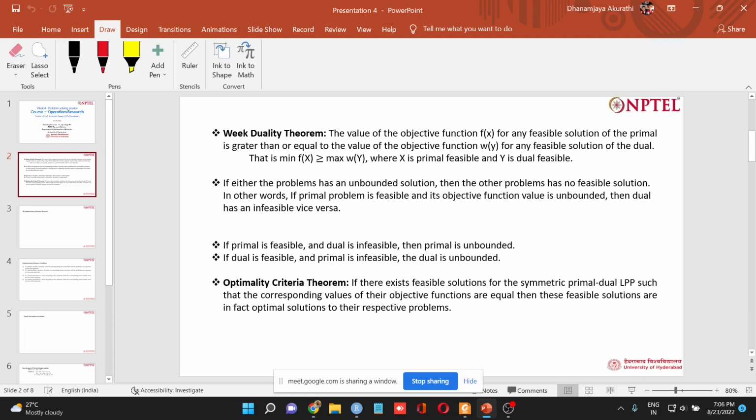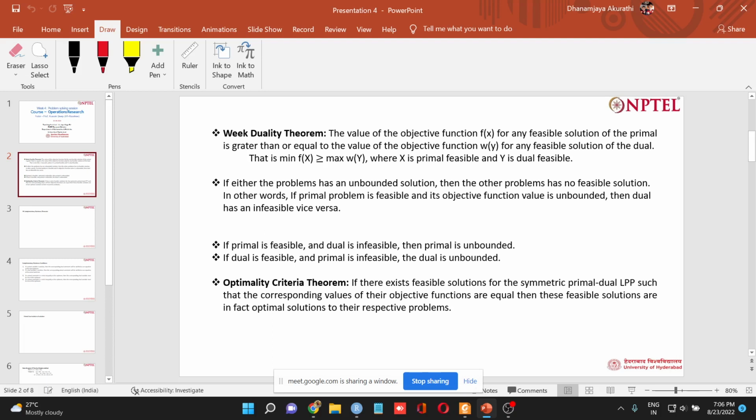What is meant by asymmetric? If either the primal or the dual problem involves a variable unrestricted in sign, then that is an asymmetric primal dual case. In that case only, this weak duality theorem can hold.